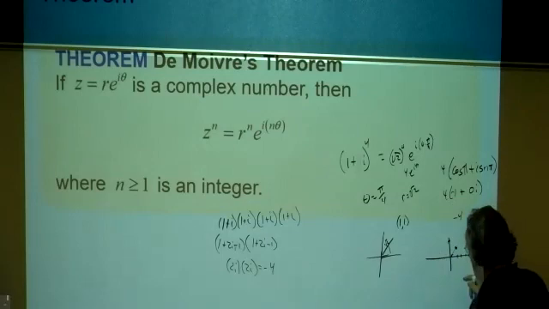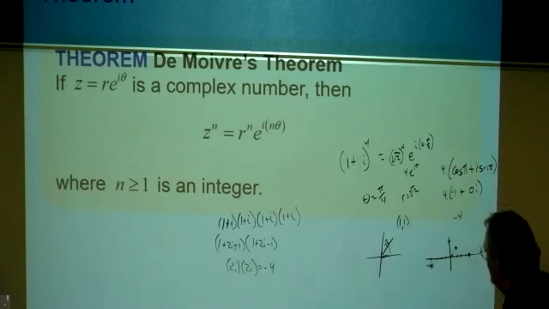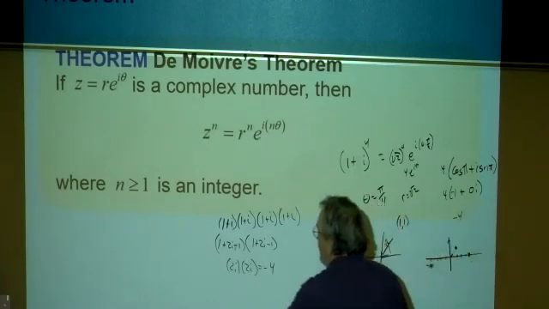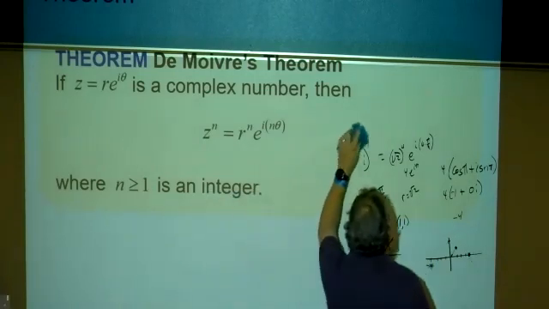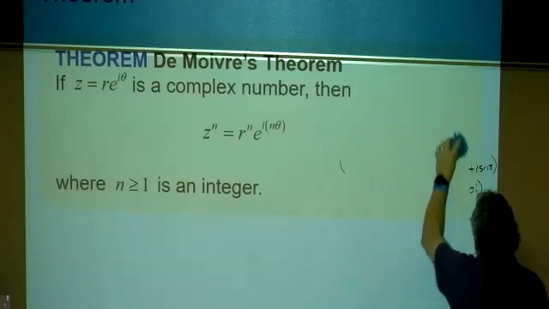Oh, -4, I'm sorry, I went the wrong direction. -4. I keep dropping that negative sign. That's a bad thing to do. So it kind of gets you there faster than having to multiply it all out.